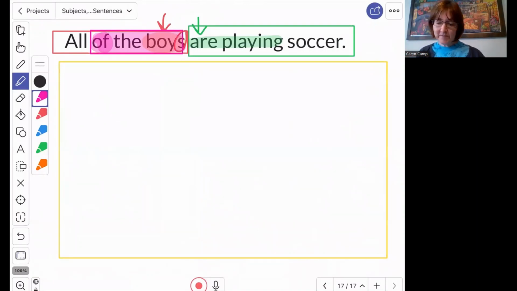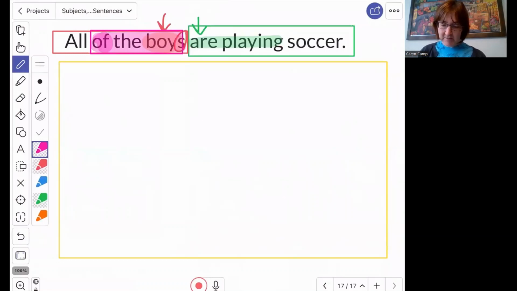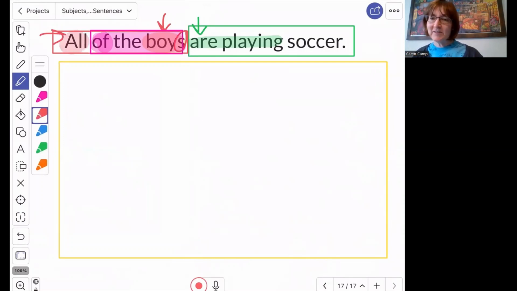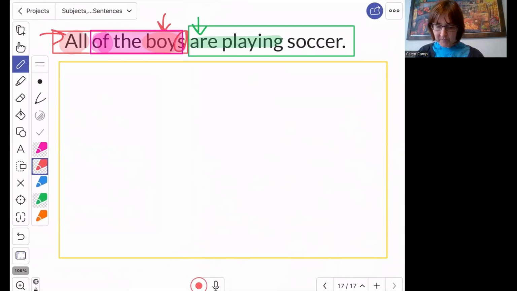So what word is left? Well, it's this word right here. All. So all is the simple subject. Crazy, huh? So all is a simple subject, and we have to match that to the verb. So let's see. We're going to match that to this verb. Should we use is? Let me use green.